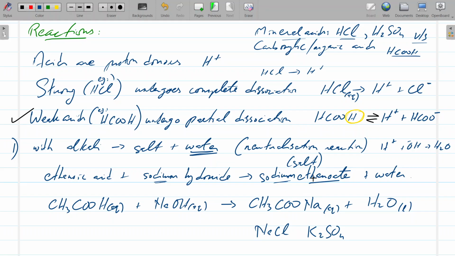The way you name it is the same. The way you write it out in the molecular formula is a bit different, so just keep that in mind. So that's one reaction that these acids undergo.